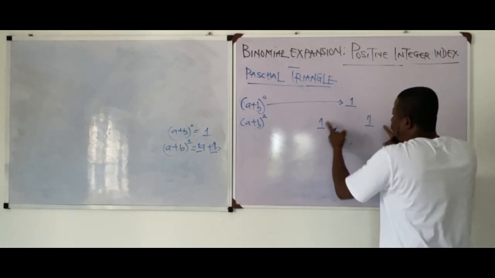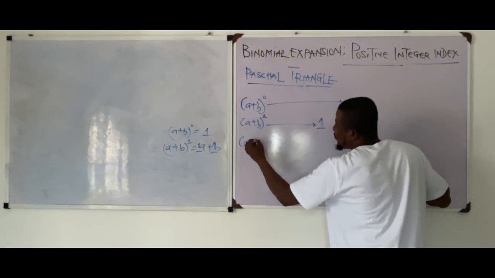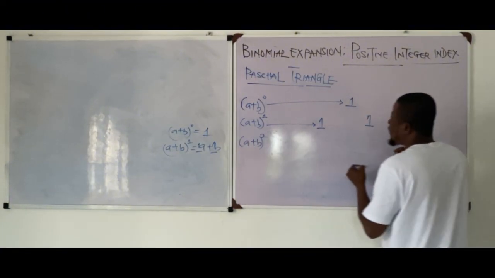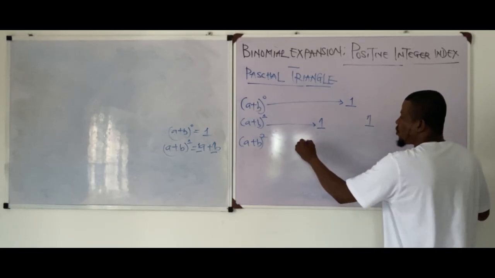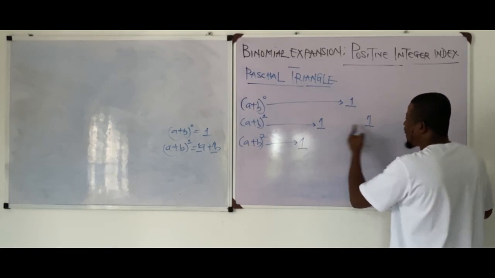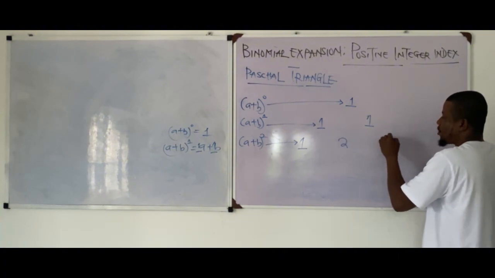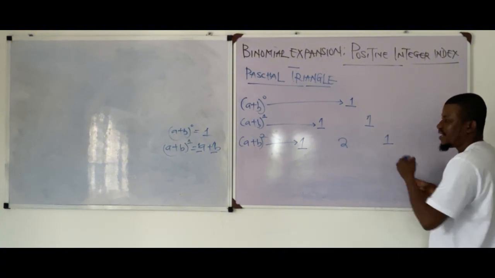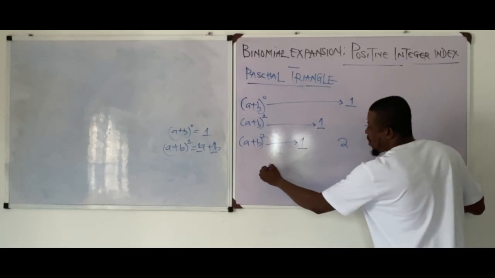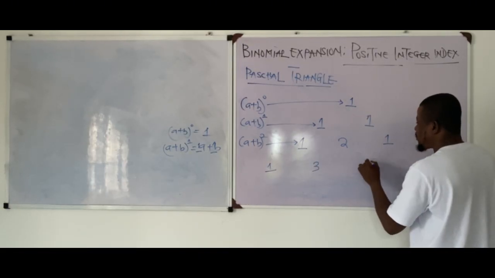So Pascal triangle says drop 1, 1. So that's for this. If I have (a + b) to power 2, I'll drop 1 here, and I'll drop 1 here. 1 plus 1 is 2. Now I'll drop 1. It continues this way. I'll drop 1 here. 2 plus 1 is 3. 1 plus 2 is 3.